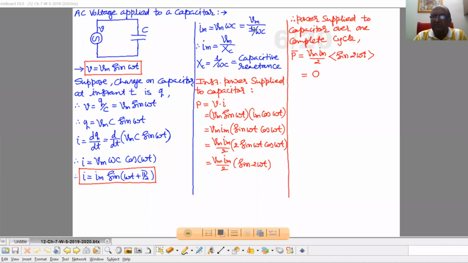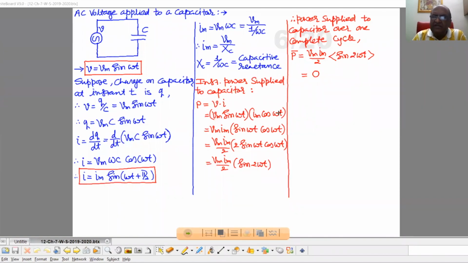So we can write Vm upon 1 upon omega C. But voltage upon something gives you current, so definitely that something is the resistance. So this 1 upon omega C is represented as Xc, and this Xc equal to 1 upon omega C is called capacitive reactance. Means that is the resistance offered to the circuit by the capacitor.